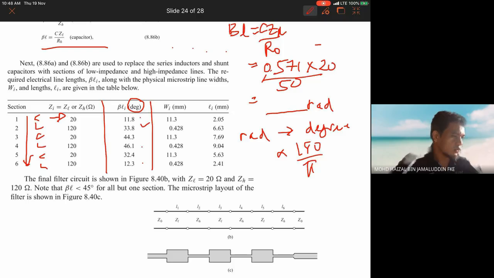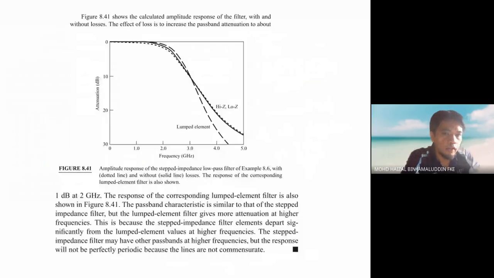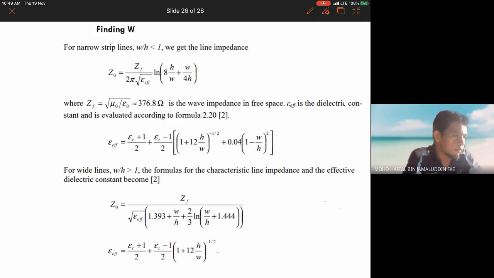So in order to design that, we need to use the formula. How do you want to find W from the formula? Here is the formula given, whether you want to use W over H less than 1 or W over H more than 1.